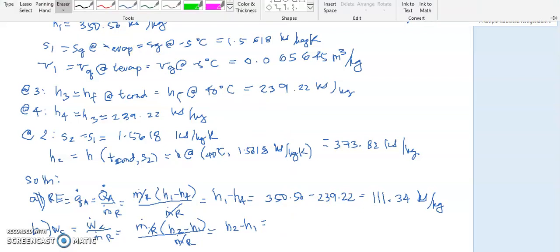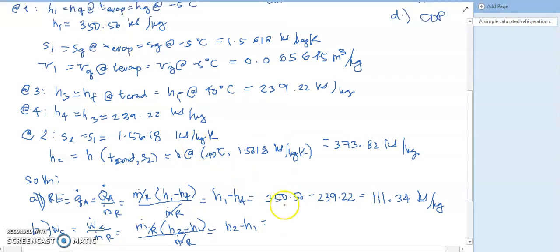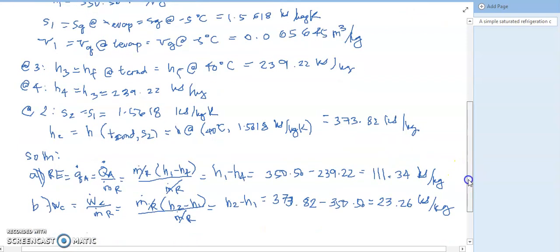So we have 373.82 minus H1, that is 350.56. So, again, with the aid of calculator, we will be having 23.26, so that is kilojoules per kilogram mass of refrigerant.